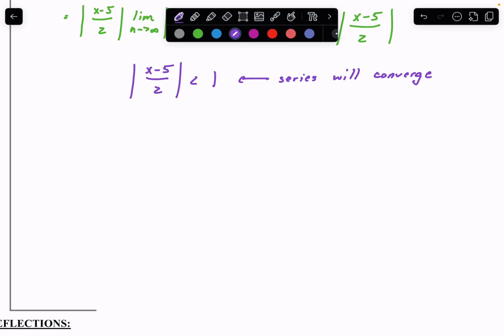So this is an and statement. So we can say x minus 5 over 2 is going to be between negative 1 and 1. I'll show you other ways to decipher that as we go. But remember, there's a negative and a positive feature to that absolute value. Okay, so now I'm going to be an algebra student for just a second. Multiply by 2.